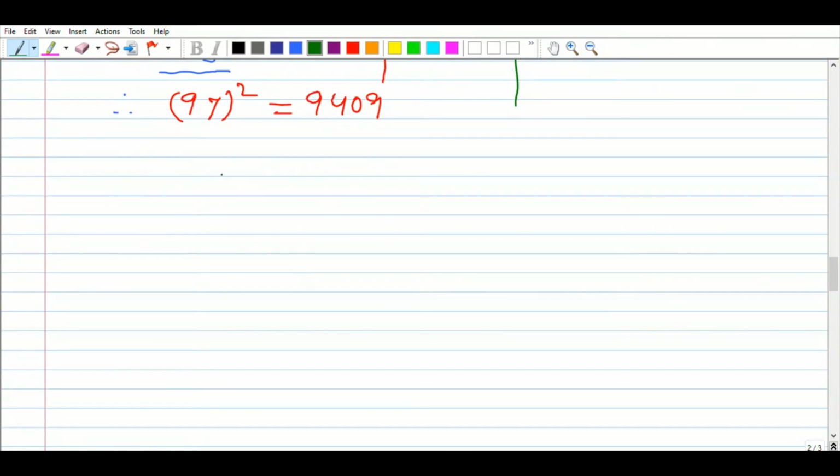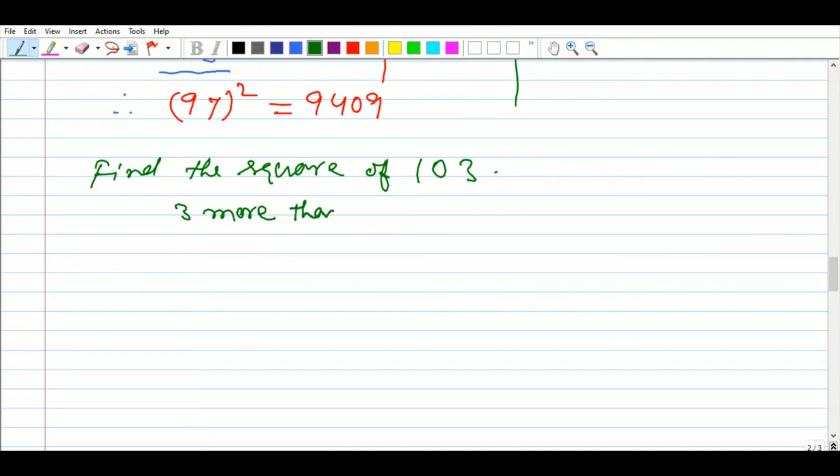Suppose we have to find the square of 103. 103 is 3 greater than 100, 3 more than 100, that is 100 plus 3.